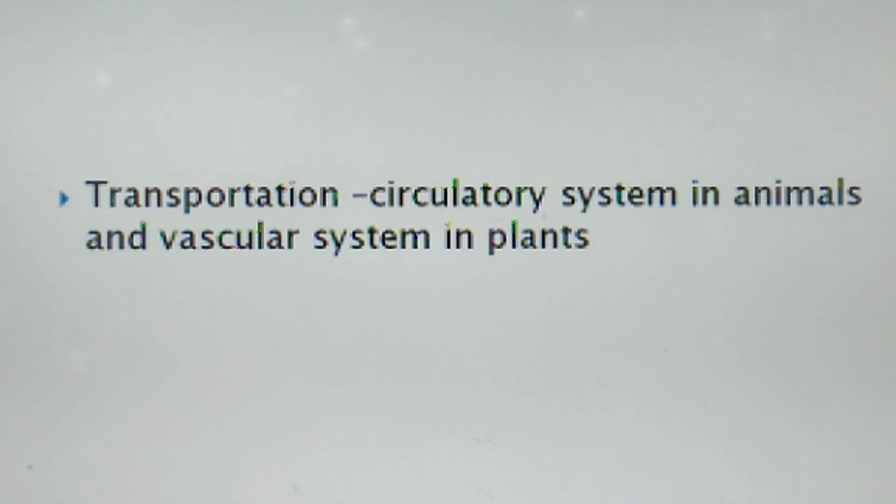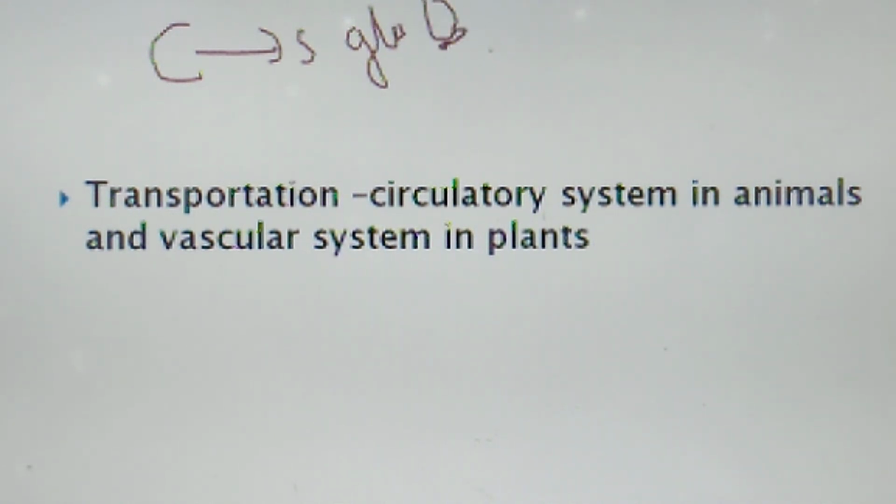Next is transportation. In the digestive system the complex substances are converted to simple substances, that is glucose. From the digestive system, this glucose has to be transported to different parts of our body for getting energy. Through the circulatory system, the glucose is transferred to different parts of the body, and the glucose has to be broken down. What is required?